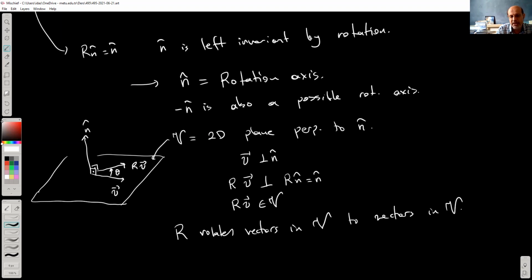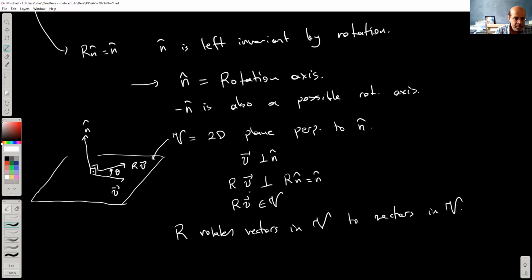So there's some kind of an angle here, and that angle is exactly the same as the angle that appeared in the eigenvalues. I'm not going to go into the details, but if I remember correctly, for rotations in SO2, I found these eigenvalues, and from there you can easily see that theta is the rotation angle.